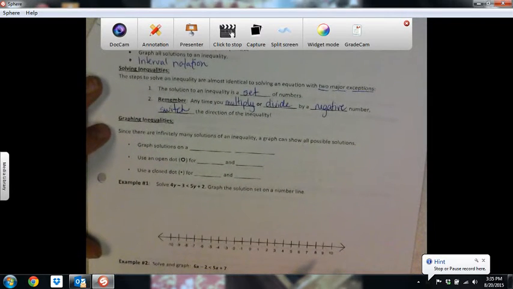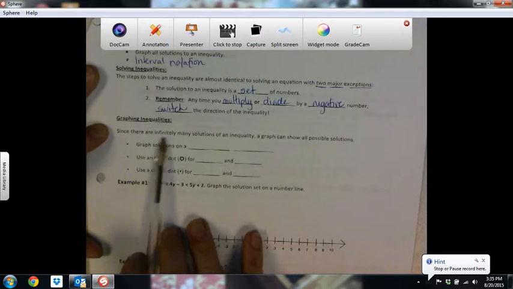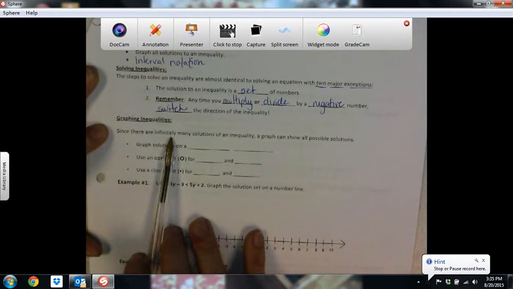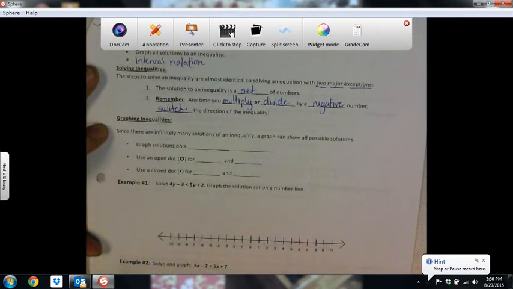When we graph inequalities, since there are infinitely many solutions to an inequality, there are an infinite number of values that are greater than 2, for example, we want to use a graph to show all those possible solutions.